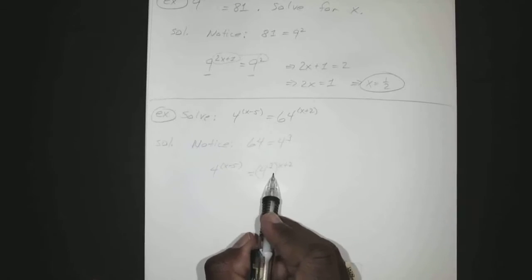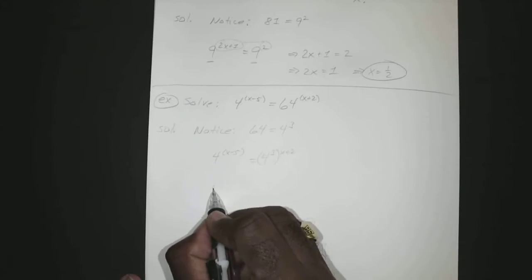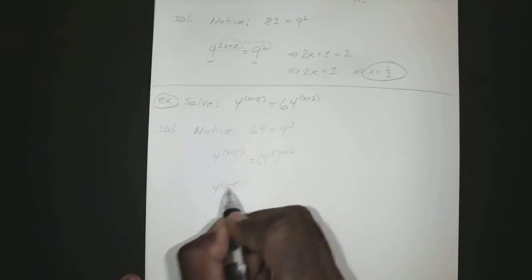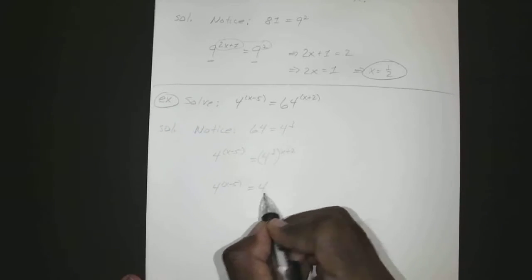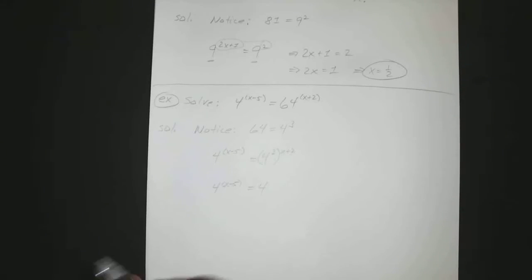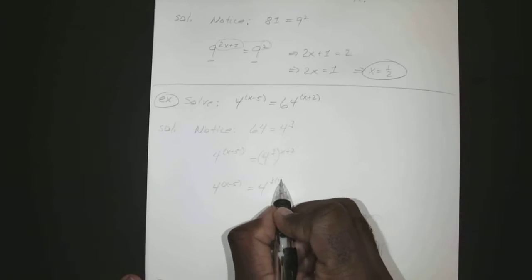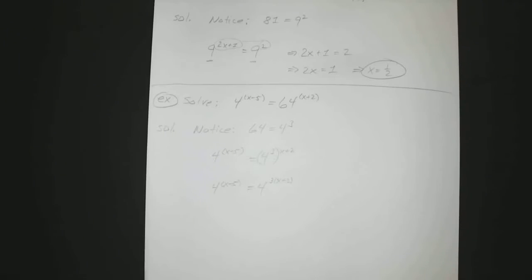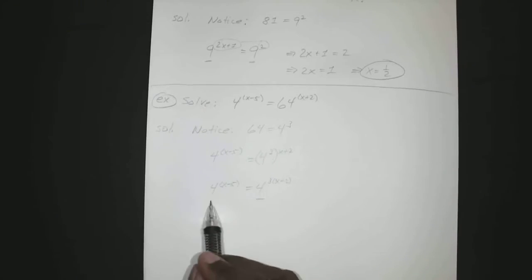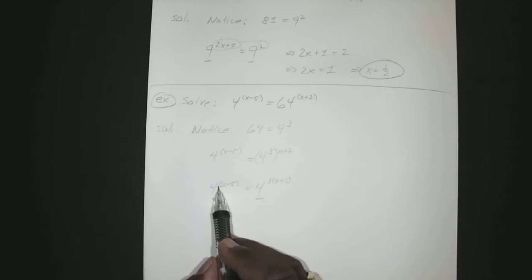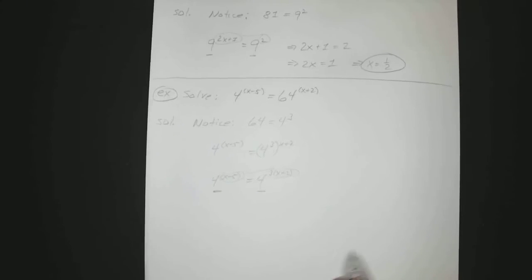Once you simplify the right, you have 4 to the x minus 5 power equals 4 to the 3 times x plus 2. Okay. So now we have the matching bases, which is what we want. So the only way this can be true is if the exponents are equal. So that means x minus 5 has to equal 3 times x plus 2.